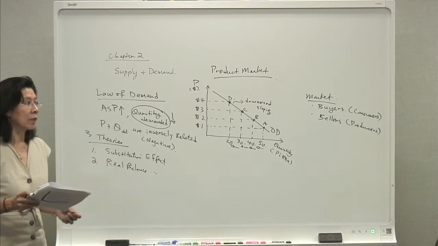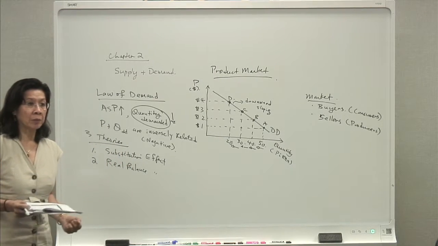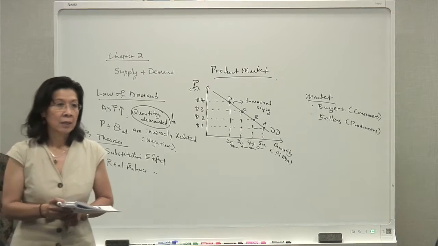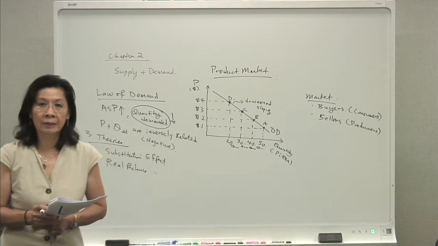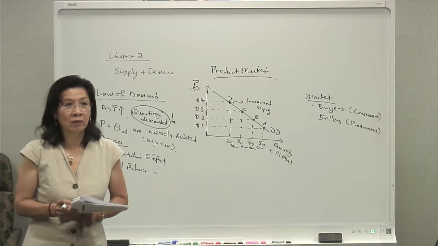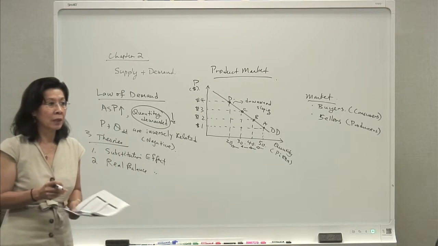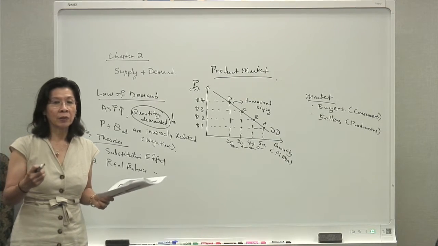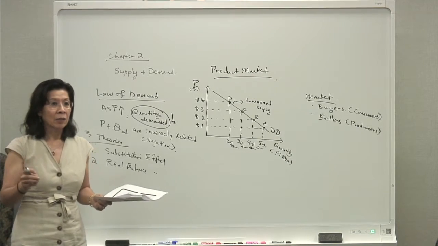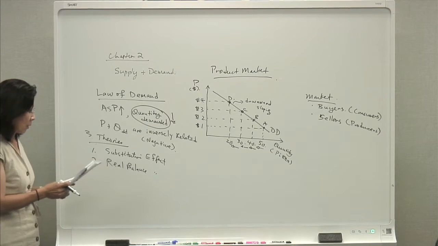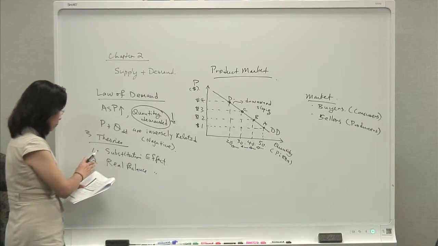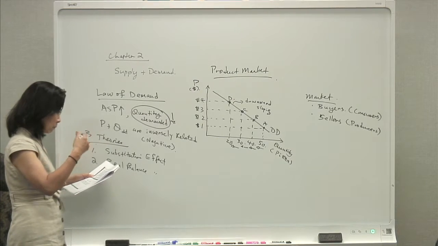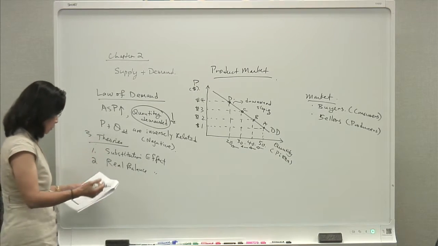If the price is cheaper now for a certain good, let's say the price of a Big Mac is now $1.50 instead of $2.50, then to some extent you feel richer. You feel like your purchasing power has gone up, so you're able to afford more now. That's what we call the rebalance effect. It has to do with your buying power, your purchasing power.